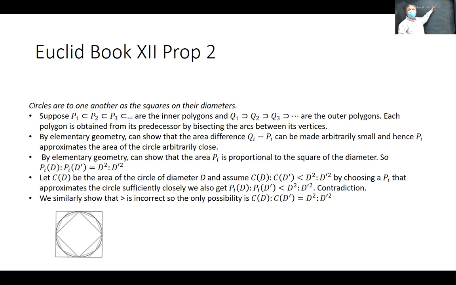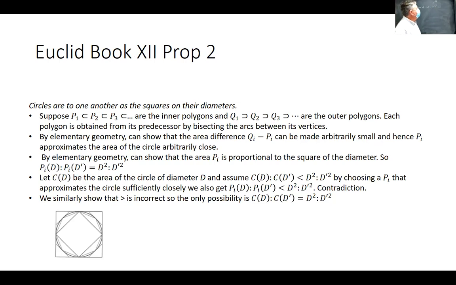That there's some constant of proportionality here. Of course, we know that it's pi on 4, so he doesn't prove that, but he just proves that it's proportional to the diameter squared.